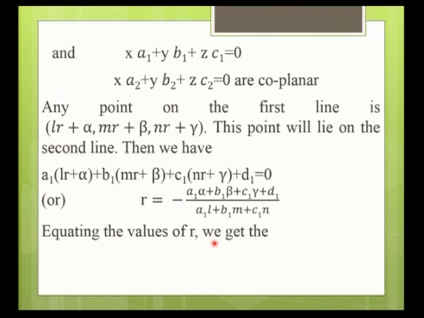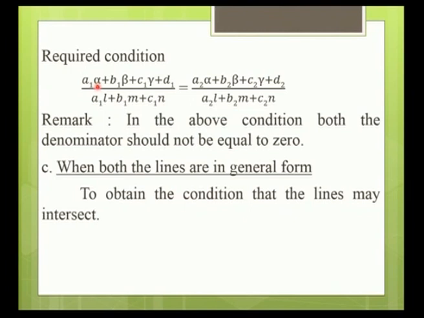Equating the values of r, we get the required condition as (A1 alpha plus B1 beta plus C1 gamma plus D1) over (A1L plus B1M plus C1N) is equal to (A2 alpha plus B2 beta plus C2 gamma plus D2) over (A2L plus B2M plus C2N).